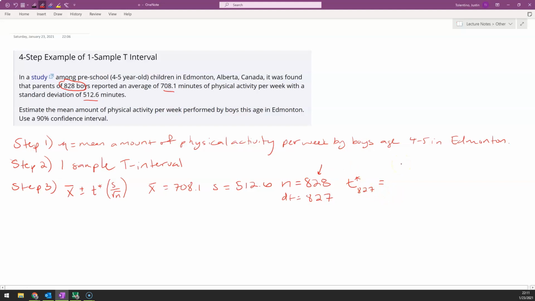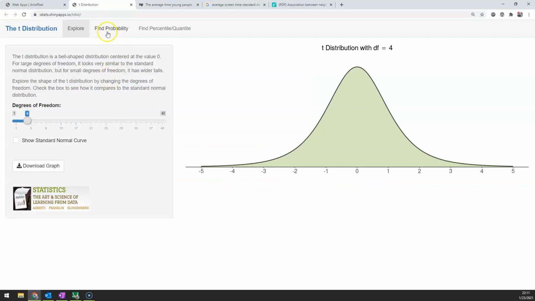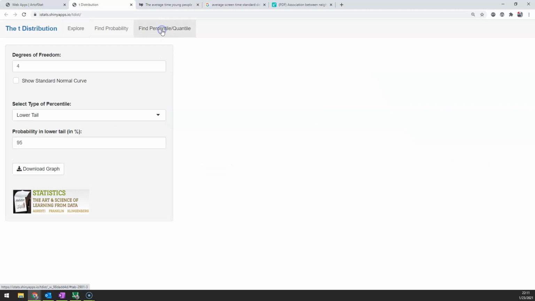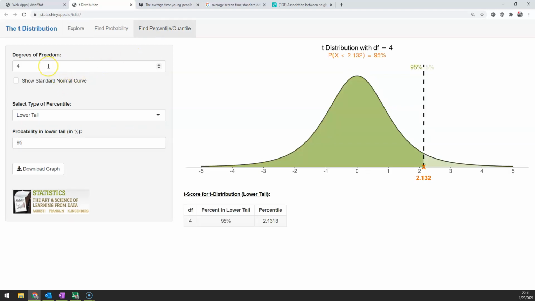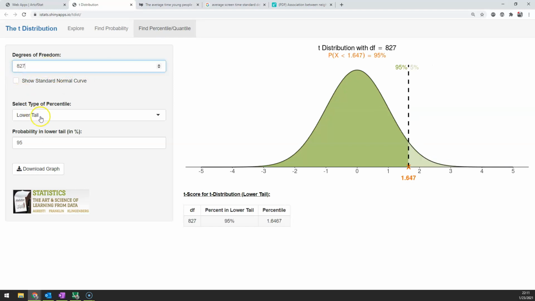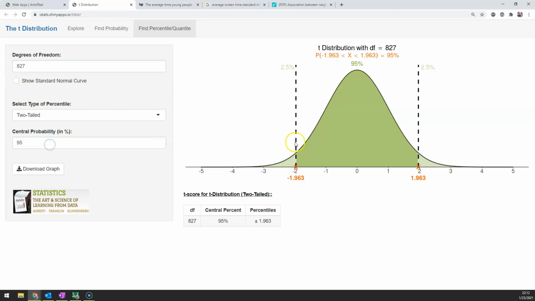When we go to the t calculator, we can select the find percentile quantile option, because we're looking for a boundary that captures a certain percentage. And we will type in our number of degrees of freedom, which was 827. We will select two-tailed, because in a confidence interval, we're trying to see how far this estimate might be above or below the true mean.